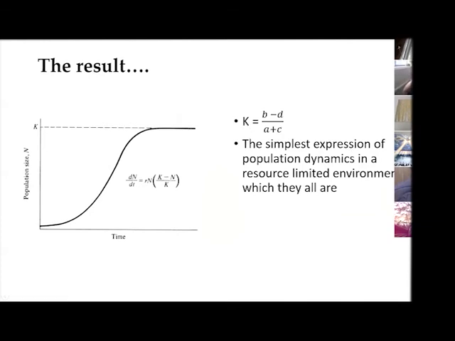You can then estimate this parameter K based on things that you can actually measure. So you can measure birth rates, regeneration of trees, their death rates, and then the effects of crowding, both positive and negative. So the effects of crowding on death rate or the effects of crowding on birth rates.